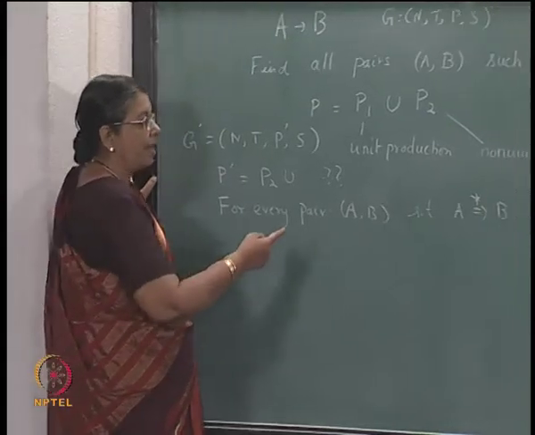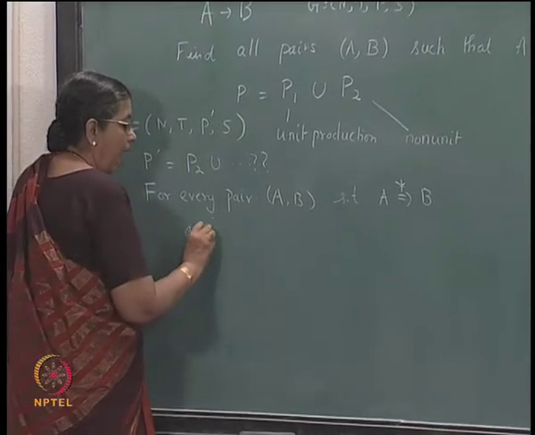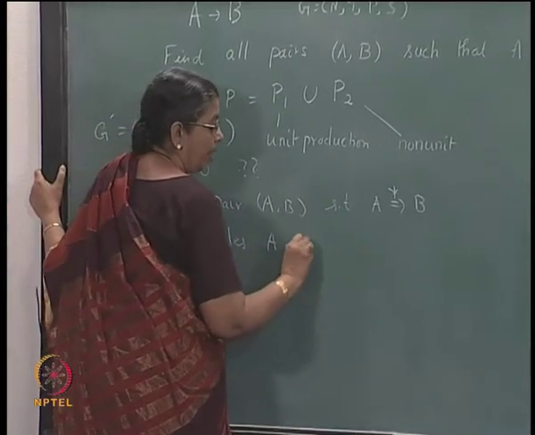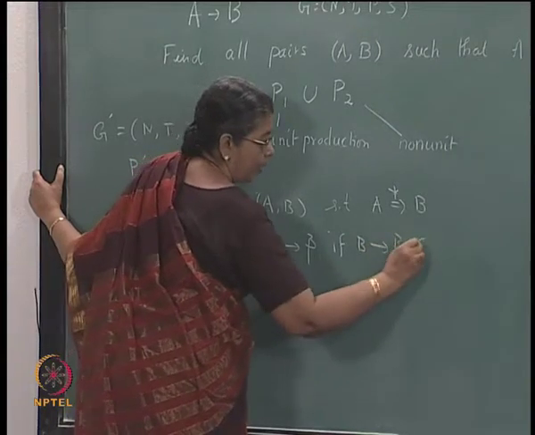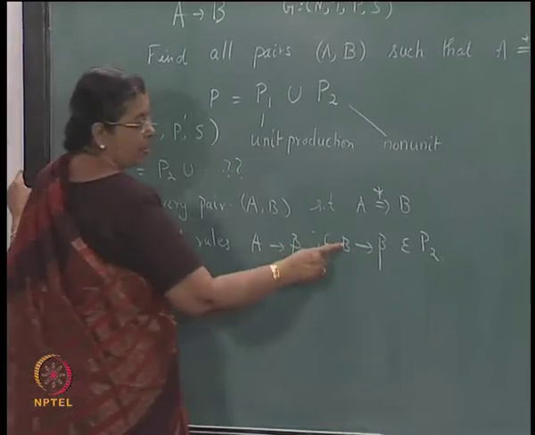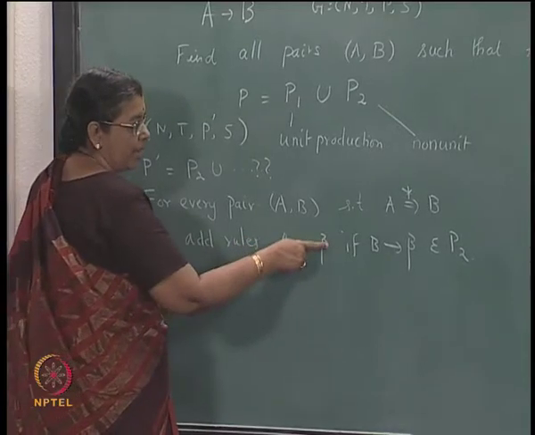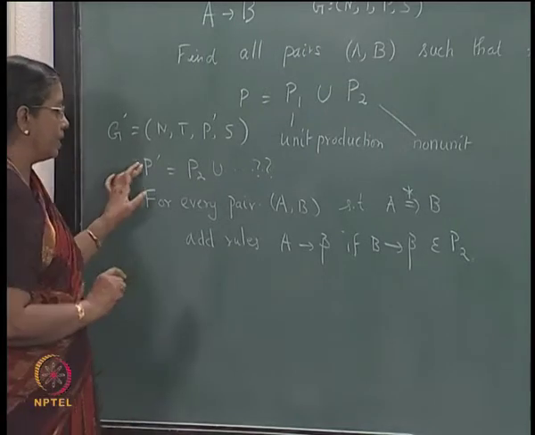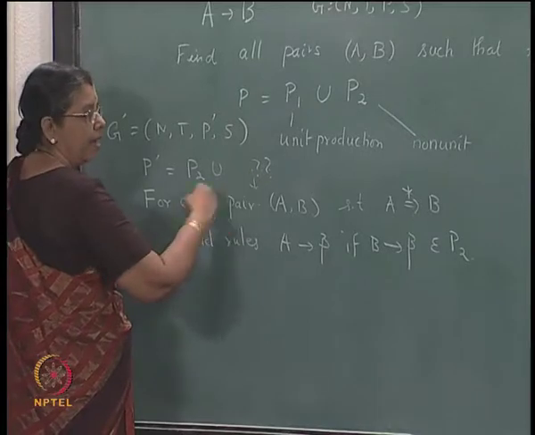So, for every such pair, add rules A goes to beta if B goes to beta belongs to P2. If you have a rule B goes to beta in P2, then you add the rule A goes to beta. So, P dash consists of P2 plus all such rules added.